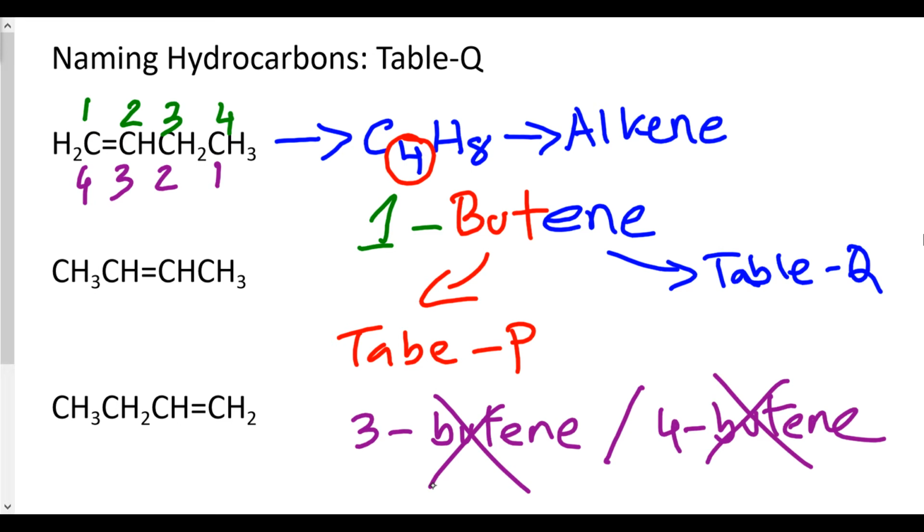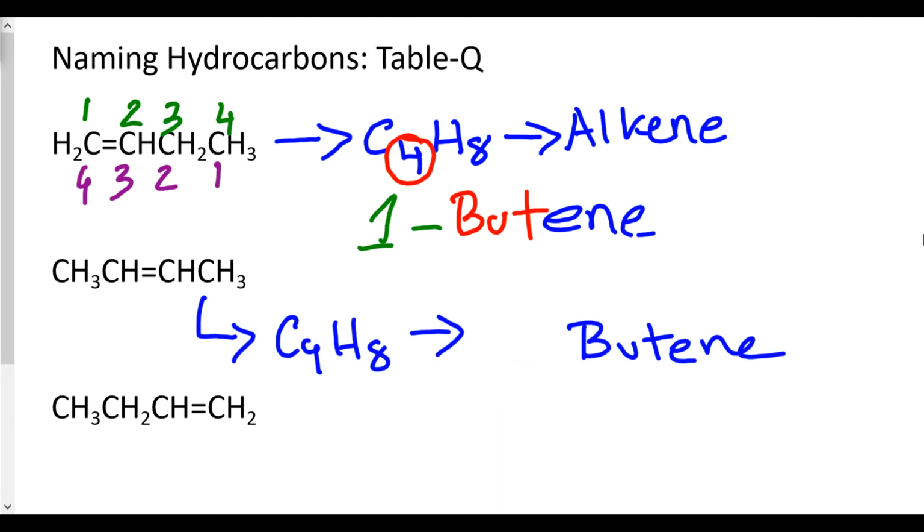My first preference would have been 3-butene, but that is also going to be wrong because you should have counted from left to right in this case instead of counting from right to left. So always count from both sides to understand where the location of the double or triple unsaturated bond is. We're going to talk more about some practice questions so that the concept becomes much clearer to you.